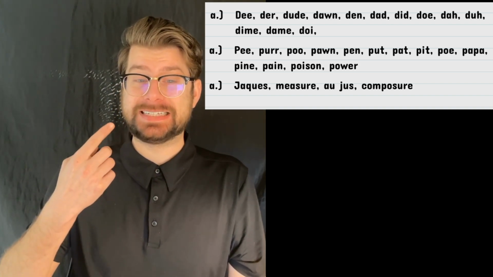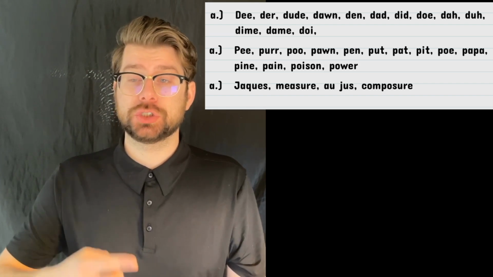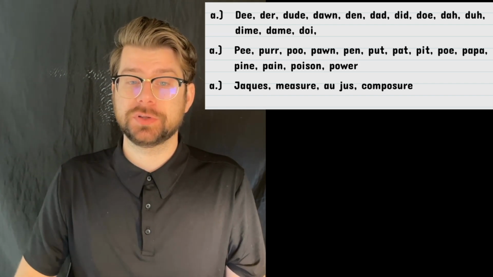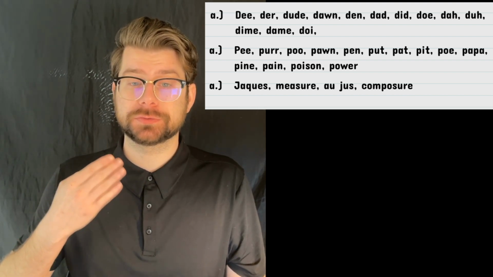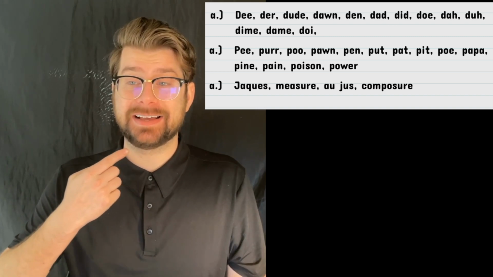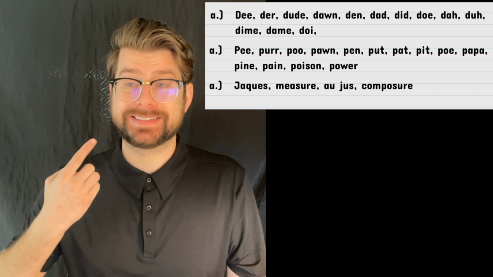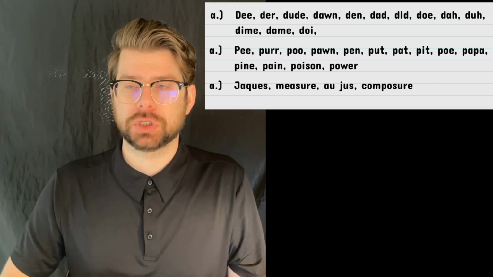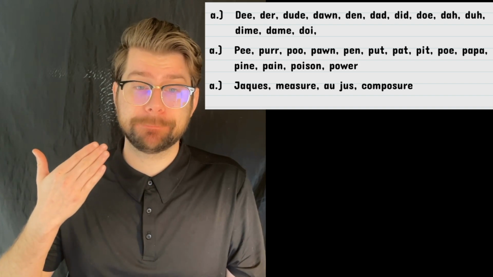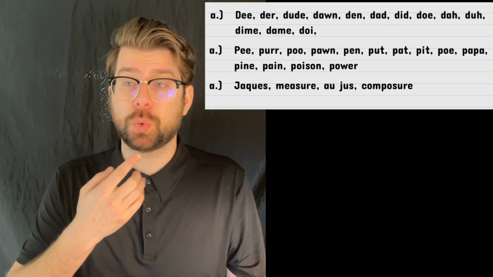So we have A, we have D, der, dude, dawn, den, dad, doe, da, duh, dime, dame, and doy.